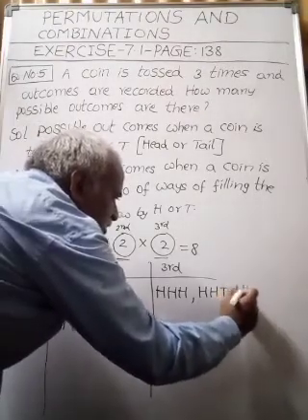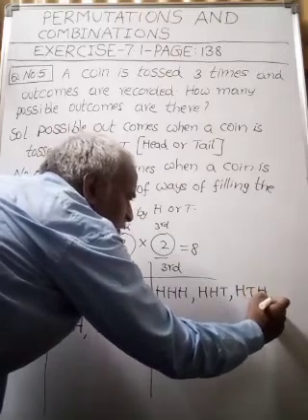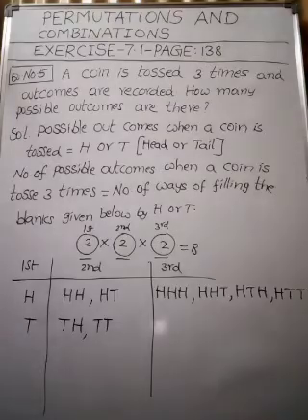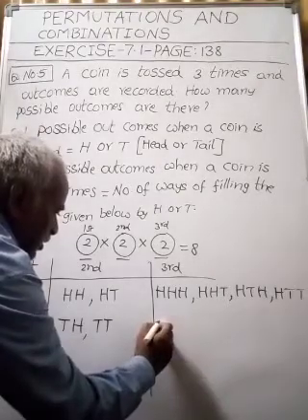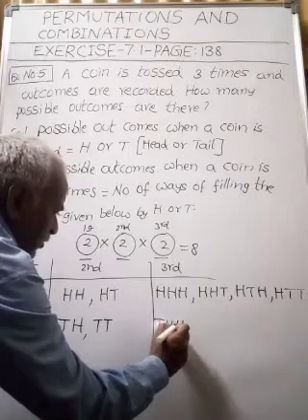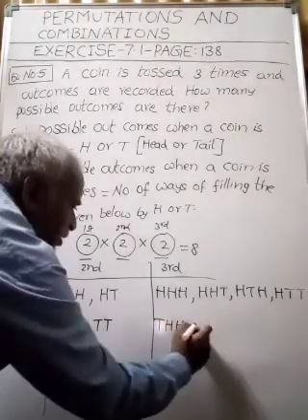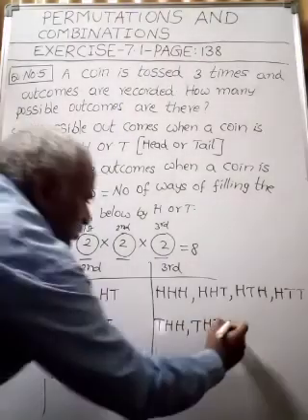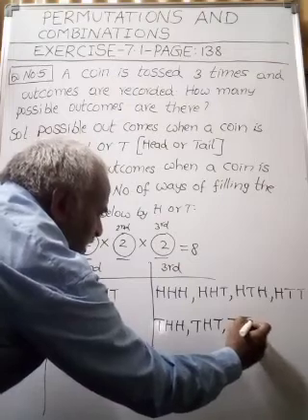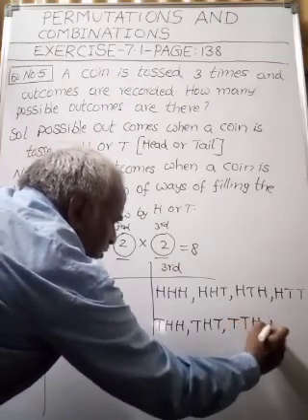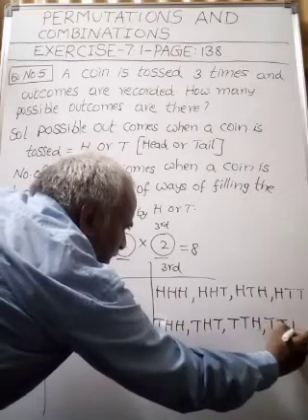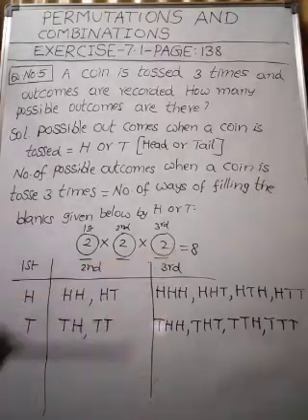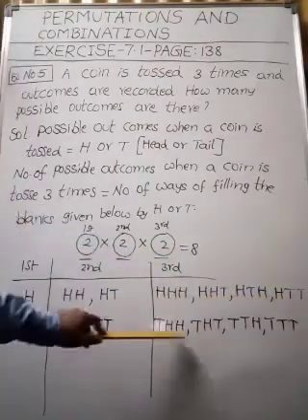Otherwise, first head, tail, third time head, or head, tail, tail. Similarly, tail, head, head, or tail, first time, second time head, and third time tail, or first time tail, second time tail, and third time head, or first time tail, second time tail, and third time also tail. So total how many possible outcomes? 1, 2, 3, 4, 5, 6, 7, 8.